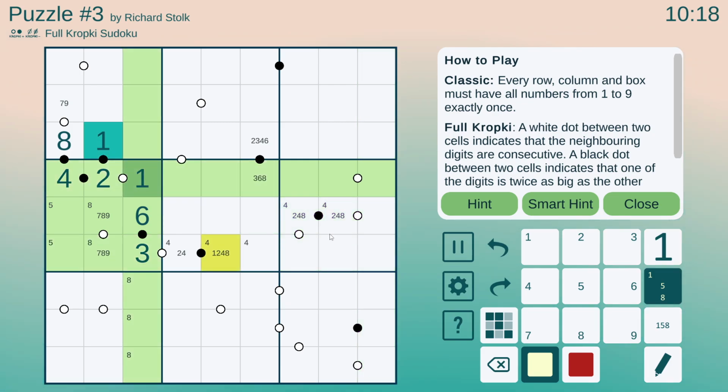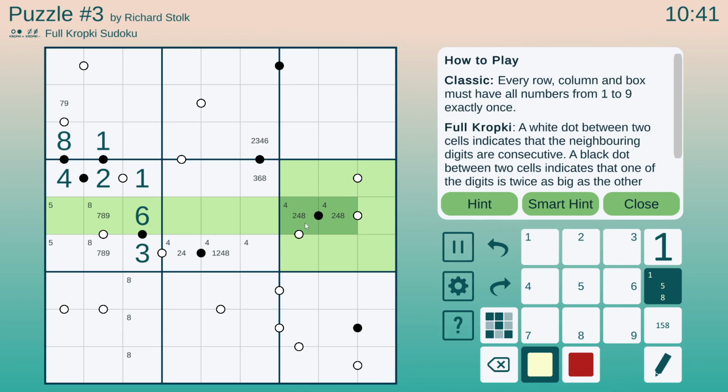One is there. If it's 2 4. All I know for sure from this is the 4s.